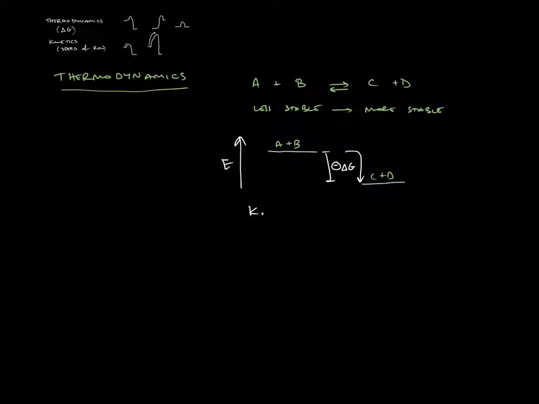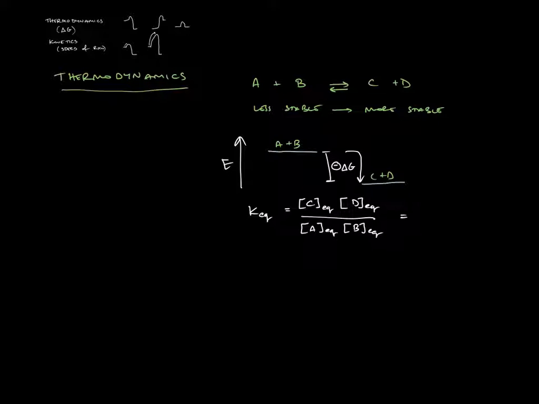So the equilibrium constant we define as the concentrations of starting material and product at equilibrium. And we do this by saying it's the concentration of, in this case, C at equilibrium, times the concentration of D at equilibrium, divided by concentration of A at equilibrium, times the concentration of B at equilibrium.